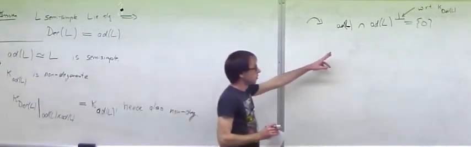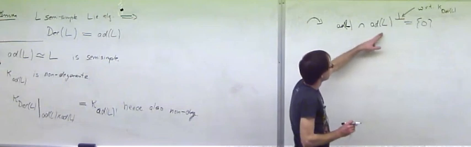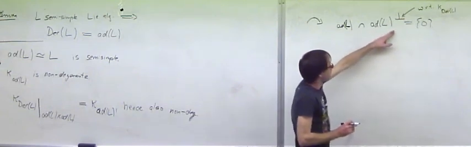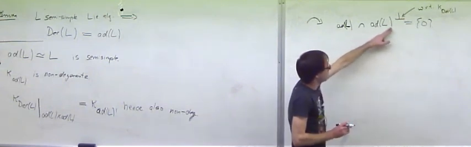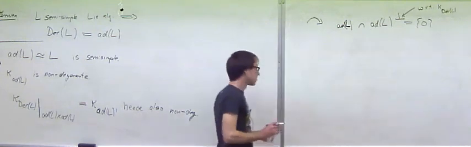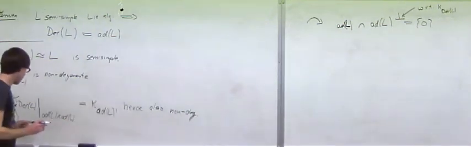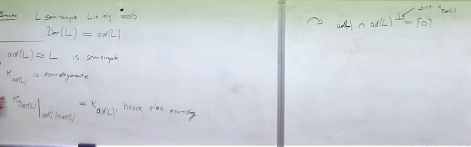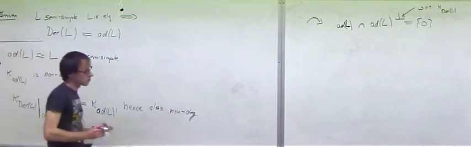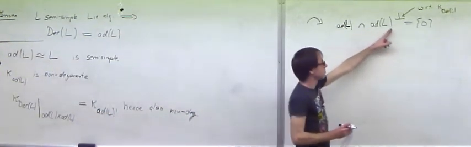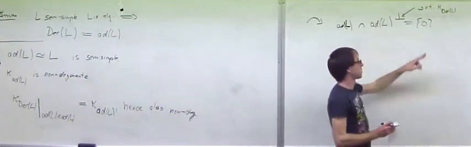Why? Because this is, by definition, the set of vectors which are orthogonal to all elements of ad L, but by this property, ad L itself doesn't contain any elements which are orthogonal to all elements of ad L, right? So this intersection must be 0.